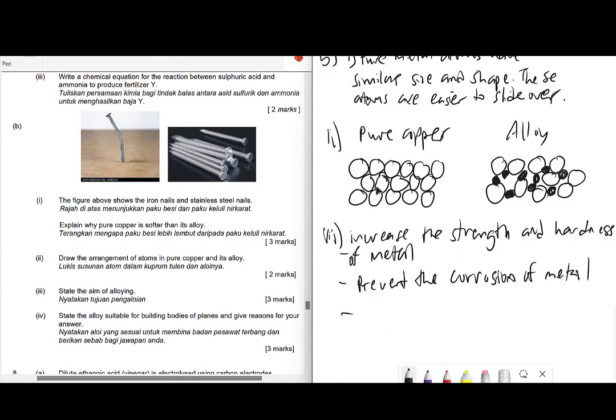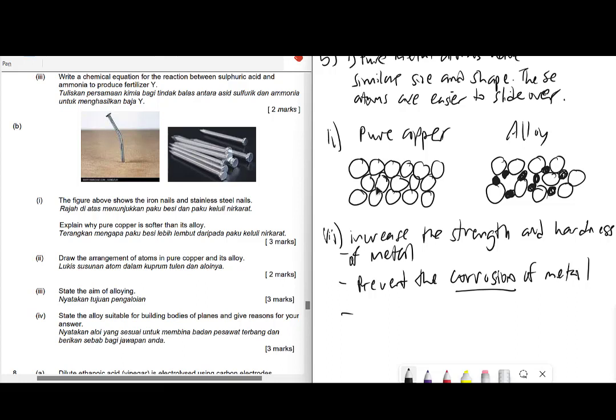Once again, the word corrosion is a general name for metals, but if you want to use iron or steel, better use the word rusting. This word is only for iron or any alloy that contains iron. So normally we use the word corrosion, to prevent corrosion, pengkaratan.